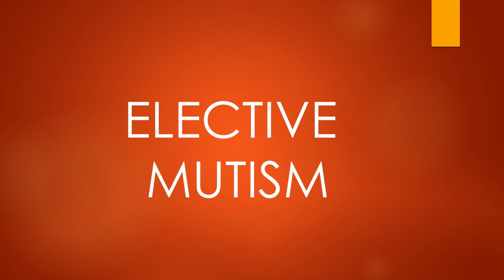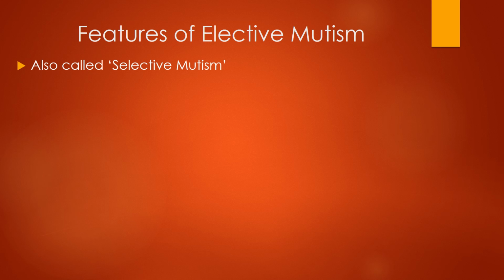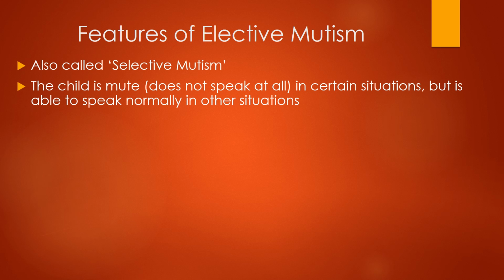We now move on to elective mutism. This is also called selective mutism. The child is mute in certain situations but is able to speak normally in other situations.